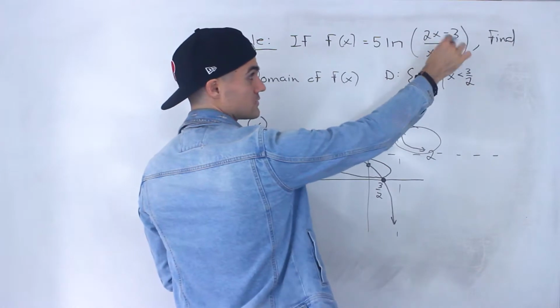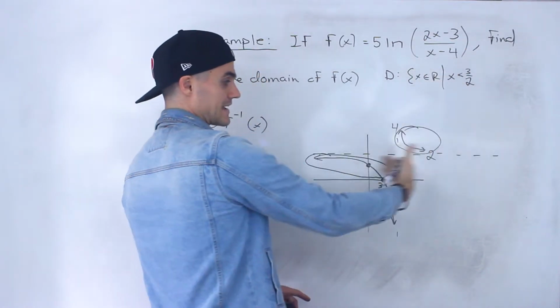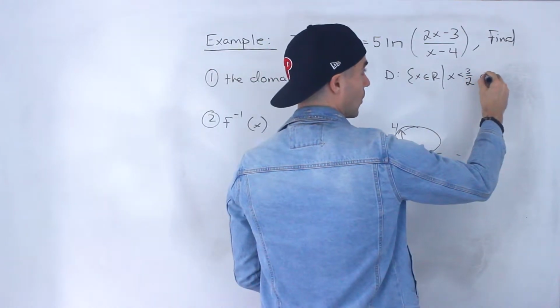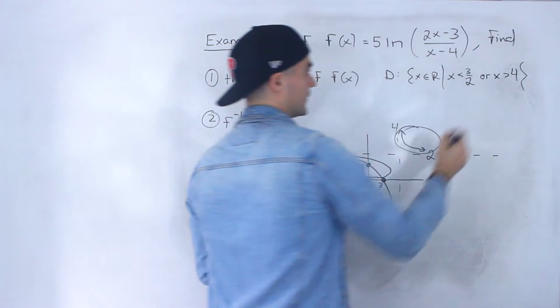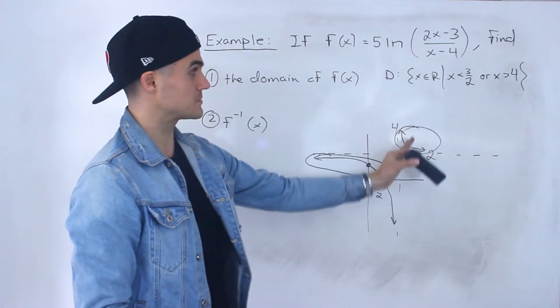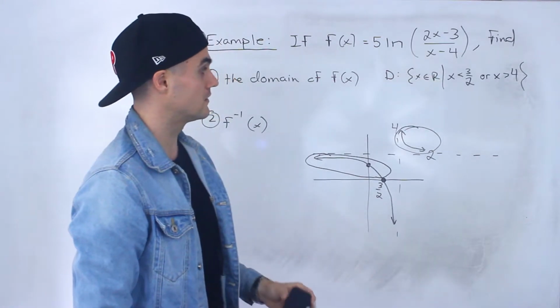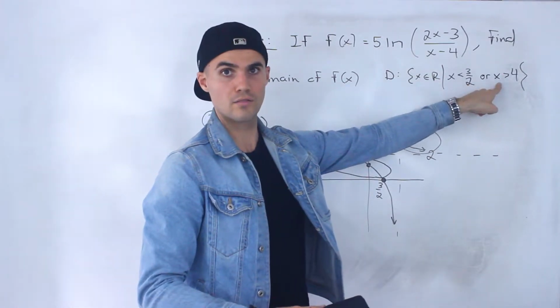Remember, you can't have 0 in this bracket here. So x has to be less than 3 over 2, or x has to be greater than 4 for this portion here. It can't equal 4 because there's a vertical asymptote there. The function would be undefined there. So x is either less than 3 over 2 or greater than 4.